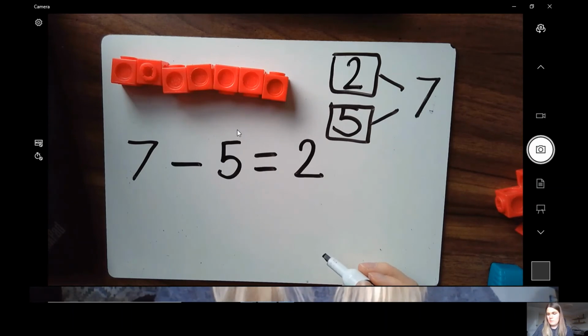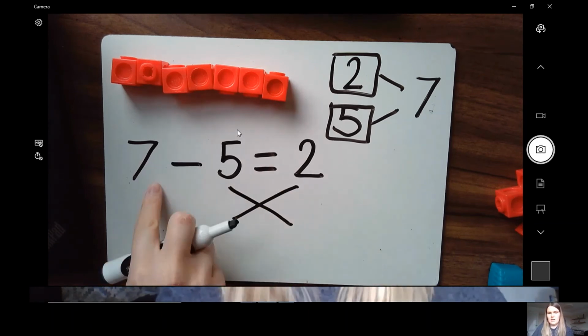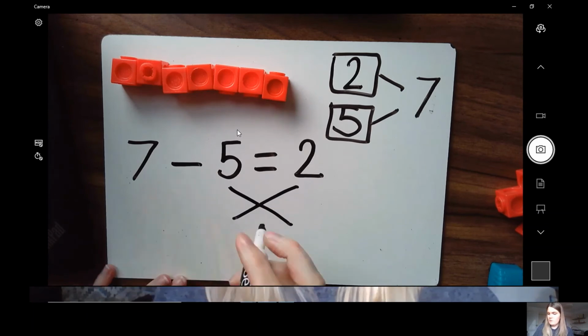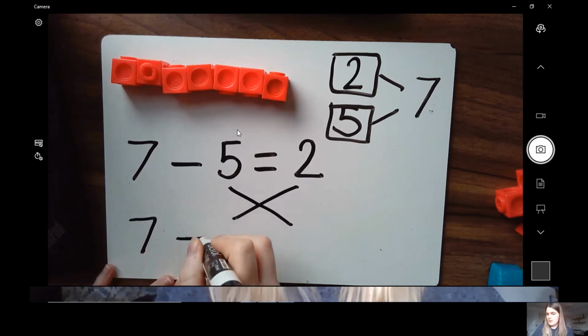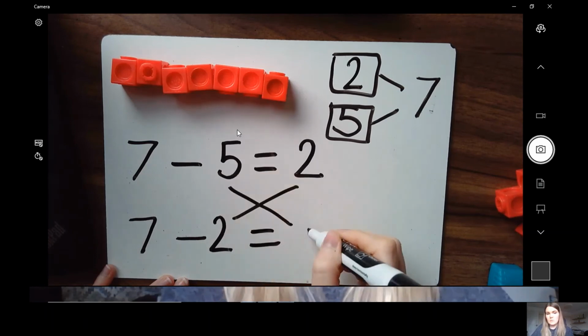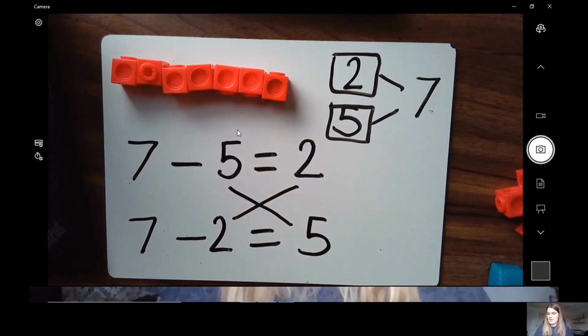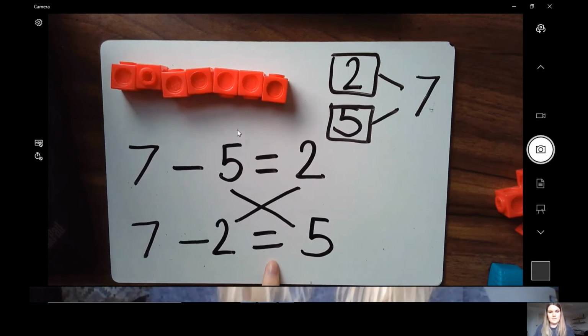I'm switching the two numbers. Which two numbers am I going to switch? The 5 and the 2. Well done. These two are switching. Do I change anything here? No, I don't. Okay, so 7 minus 2 equals, what number do I put here? 5. So we think that 7 subtract 2 makes 5.